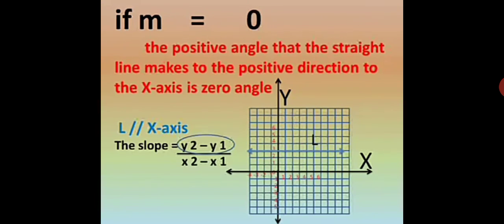From the opposite figure, the y coordinates have a constant value which is 3. So y2 equals 3, y1 equals 3, so y2 minus y1 equals 3 minus 3 equals 0. That's why the slope equals 0.